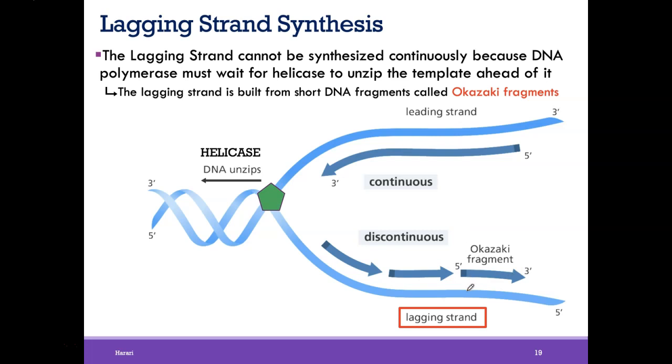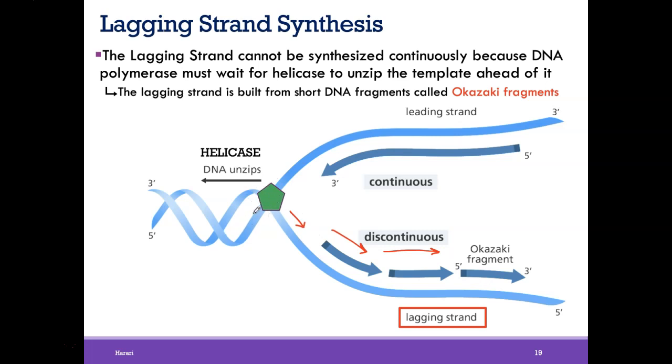So what has to happen is the DNA unzips a little bit, then DNA polymerase can put down a short fragment 5' to 3'. And then it has to wait for helicase to unzip more, and then DNA polymerase can come in and make a new fragment 5' to 3'. Then helicase will unzip a little more, and then we'll make a new fragment 5' to 3'. Right now it has a problem, right? How is it going to copy this DNA over here?